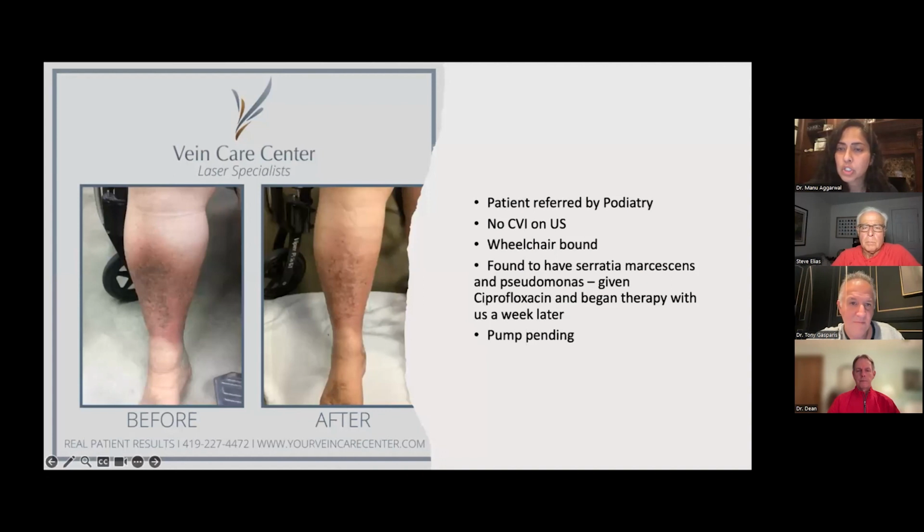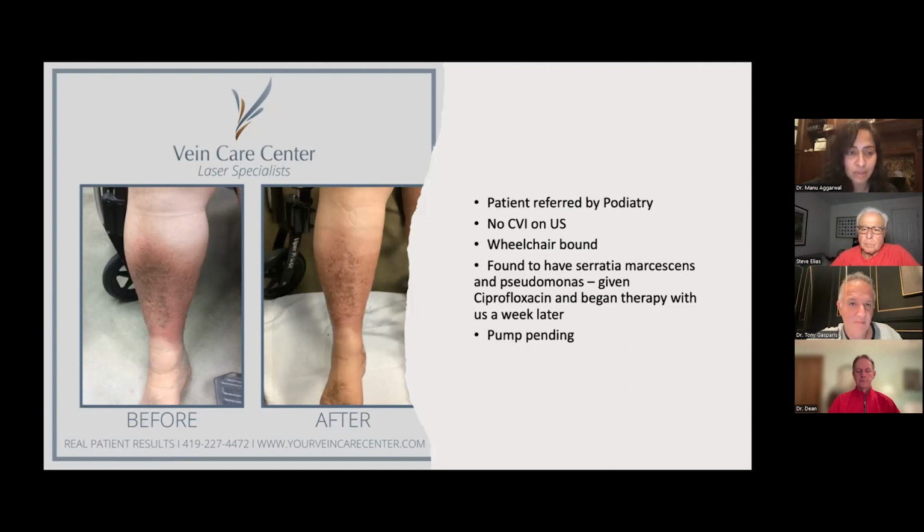So I'm going to show you a couple patient cases that we've had in our practice, and hopefully you guys might be able to say, hey, that looks like something that I've seen in my office, and consider doing a pump for these patients. So this patient was referred to us by podiatry. We get a lot of referrals from podiatry. The patient came in, we did our initial consultation. They did not have any chronic venous insufficiency on ultrasound, meaning their reflux study was completely normal. Of course, they're wheelchair bound, so you kind of have to think about the pump function of their calf.